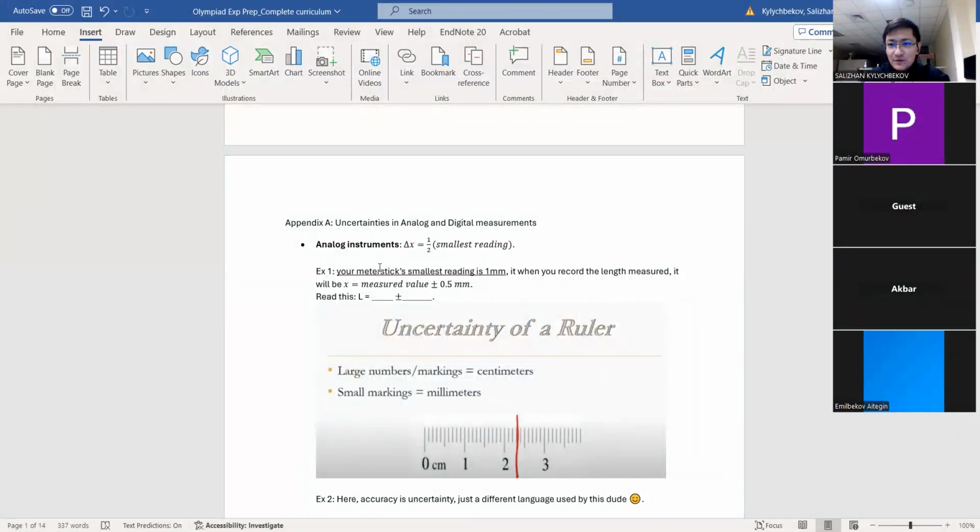There is a huge difference between 10 centimeter plus minus 0.001 centimeter and 10 centimeter plus minus 5 centimeter, because the first one is saying you are absolutely sure about this result. The second one is saying that I have no idea what's going on, like 10 plus minus 5 centimeters. It's crazy. So reporting uncertainties is critical.